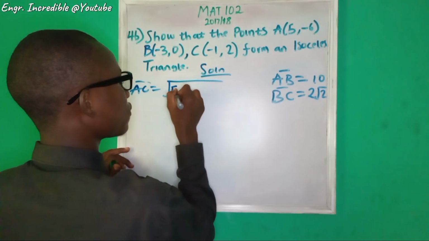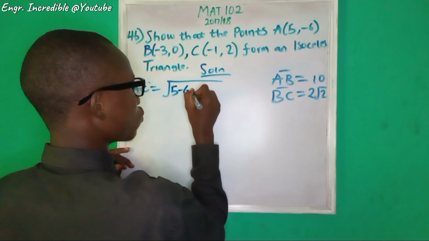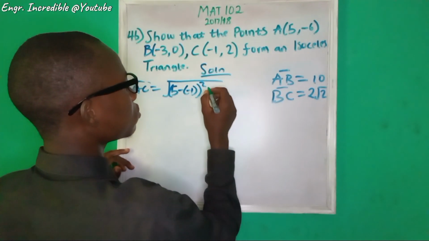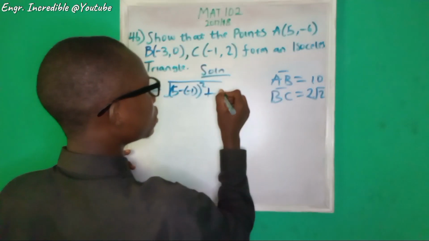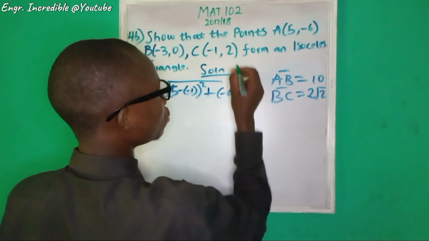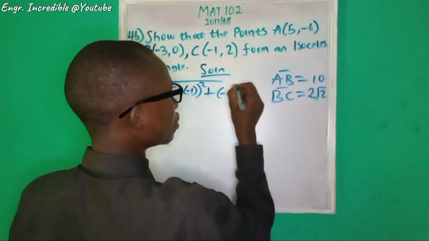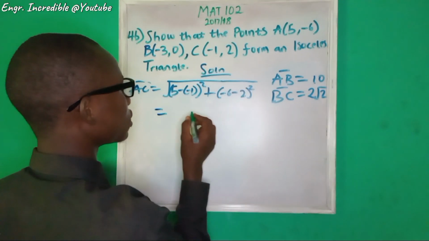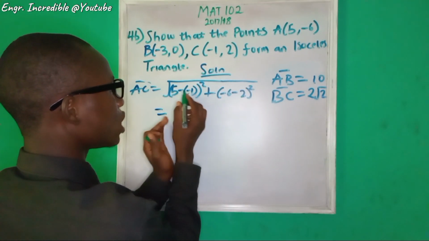We have 5 minus the minus 1 there, we put square, then plus minus 6 minus the 2 here, then we square it. So we just put it as 5 minus minus 1, that is 6.